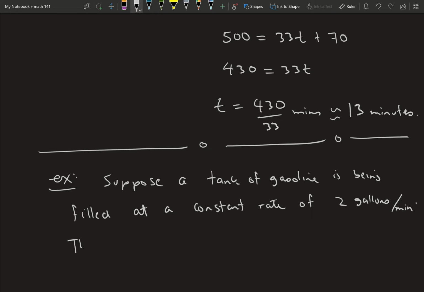And the tank has a capacity of, think of like maybe an airplane or something, 400 gallons, sorry, not gasoline, 400 gallons.